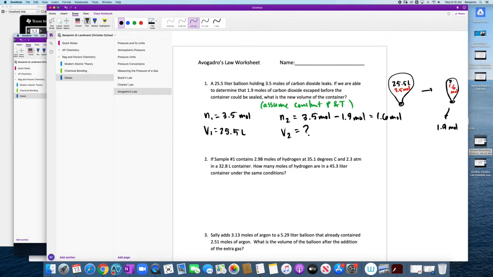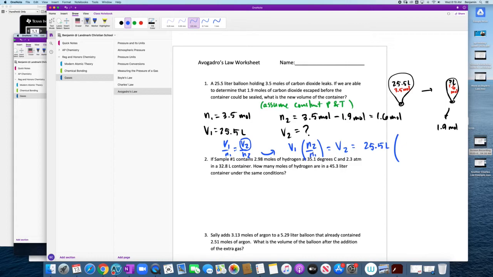Less moles, less volume. So let's plug in what we've got. V1 over N1 equals V2 over N2. And we're going to solve for that new volume. Rearrange the equation. We've got V1 times N2 over N1. That's going to be V2. Okay, so the first volume is 25.5 liters.